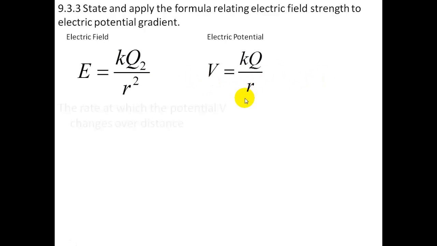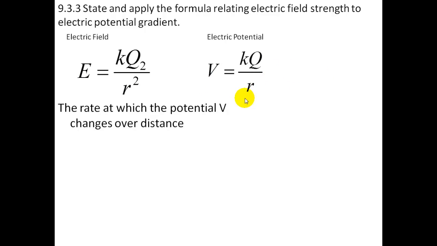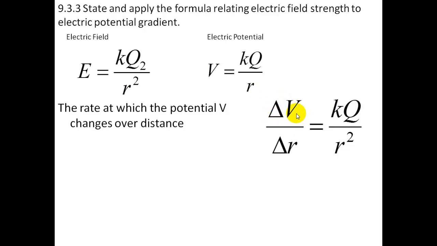Now, the rate at which the potential changes over distance is the change in V divided by the change in r, the change in distance. So we divide V by a change in distance, and we get something like this: change in V divided by change in distance is equal to kQ over r squared, because we've divided by the distance here. This is a weak proof.